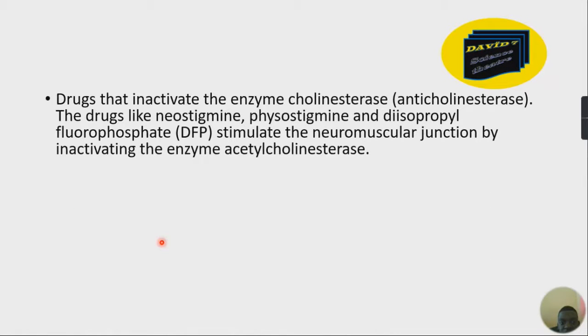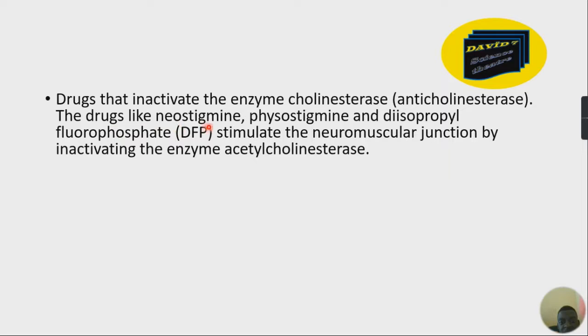Let's continue. The drugs that inactivate the enzyme. The other drugs have been acting like acetylcholine. Now the next drugs are just inhibitors of the enzyme, anticholinesterases, or call them drugs that inactivate the enzyme.